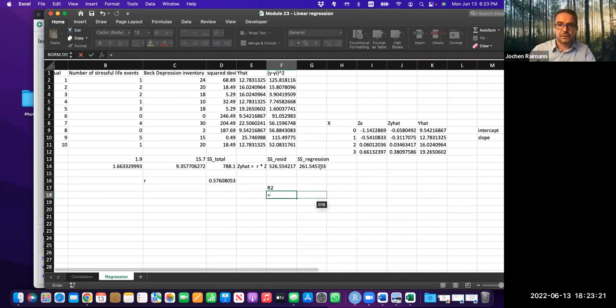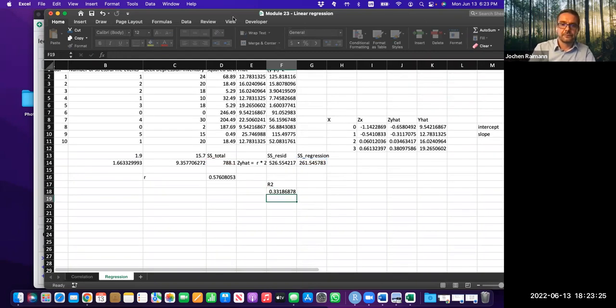This is essentially 261 divided by 788, and this gives you an R square of 0.33. I know this was fast, but rewatch the recording and do the calculations. It's a very good exercise. And of note, since this is a bivariate correlation, you can also do this squared and you have the same result.